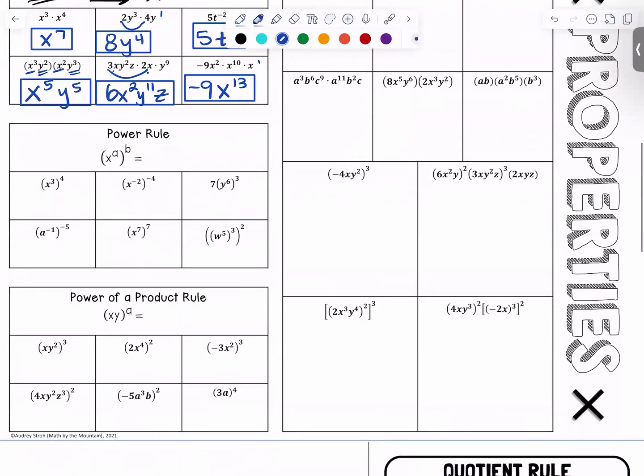This, though, is the power rule. The power rule is a base, a power to a power. So x to the a power, like x is already to a power, the a, and then you're raising that to the b power. That's when you multiply them. That's what we learned today. So you have a times b.